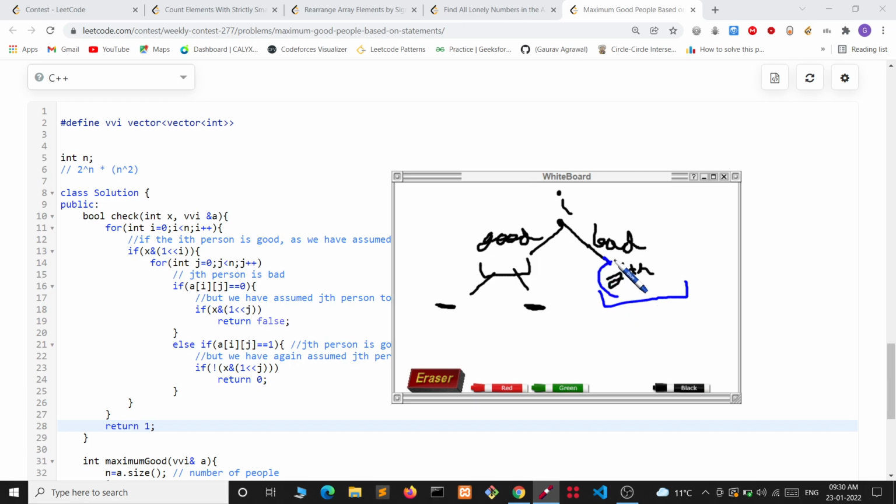We are not taking what the ith person says seriously if he is a bad person, because if he says the jth person is bad and we have already assumed that the jth person is good, then we are just reducing the number of good persons, so we do not want that.